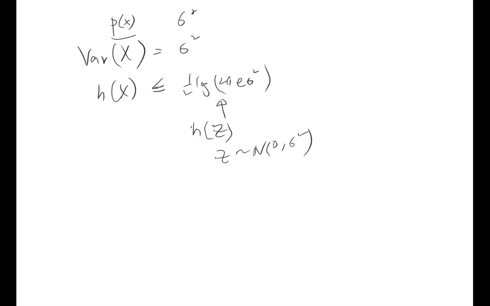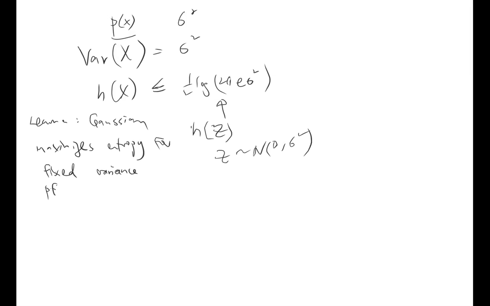And let's show that. It's like a lemma: the Gaussian maximizes entropy for fixed variance. The proof is quite simple.